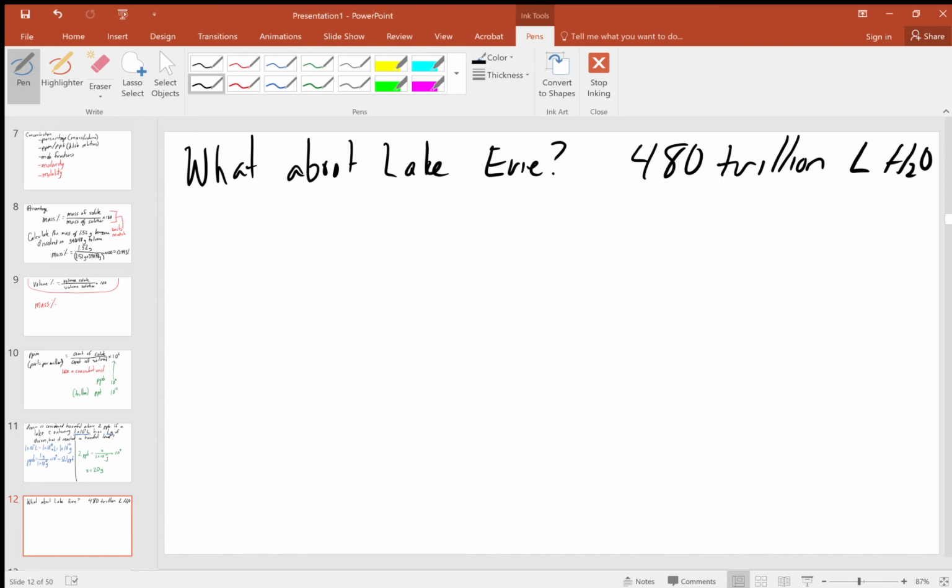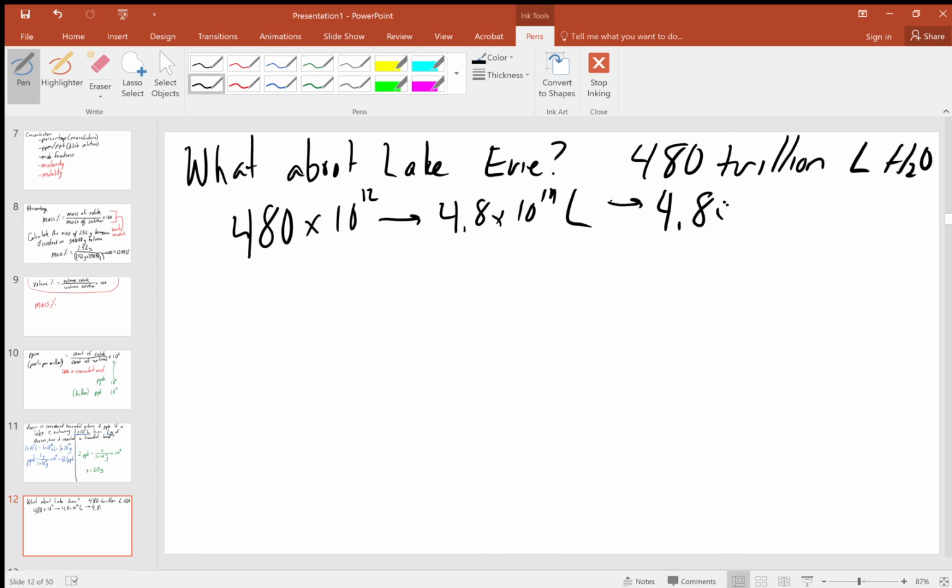Well, we do the same thing. We would convert our 480 trillion liters. It's 480 times 10 to the 12th liters, which would be 4.8 times 10 to the 14 liters, or 4.8 times 10 to the 17th milliliters, or 4.8 times 10 to the 17 grams.